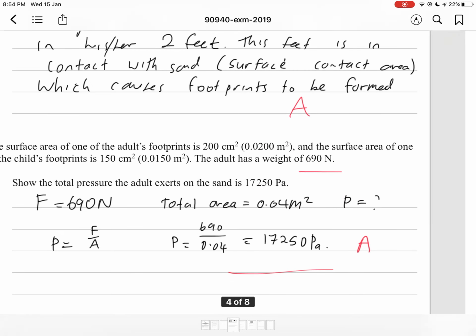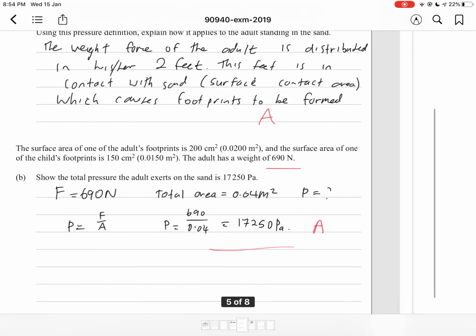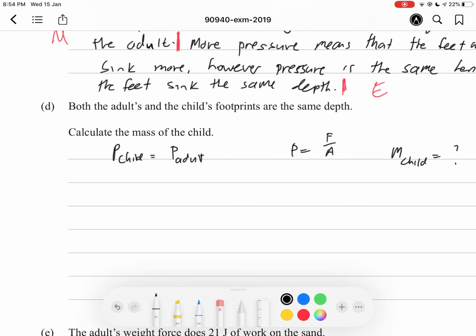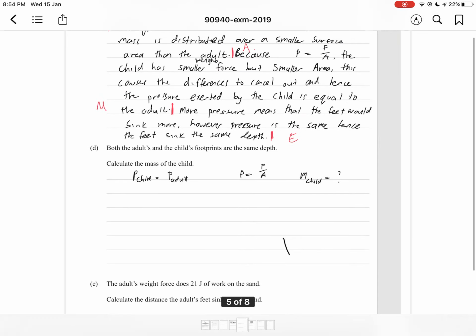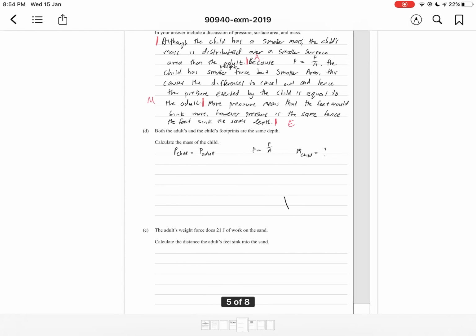Alright, so if we come back here, the child's footprint is 150 centimeters squared and the adult's footprint is 200 centimeters squared. So we're going to be looking at the total surface area. The total surface area of the adult is 0.04 meters squared and the total surface area of the child is 0.03 meters squared. So we're going to note that down in our question. We also know that the adult has a weight of 690 newtons.